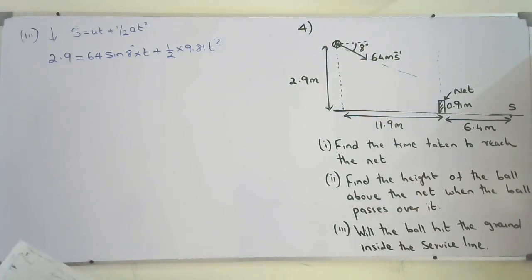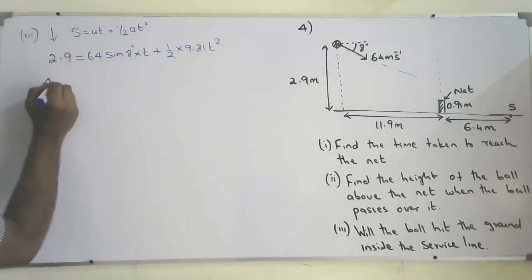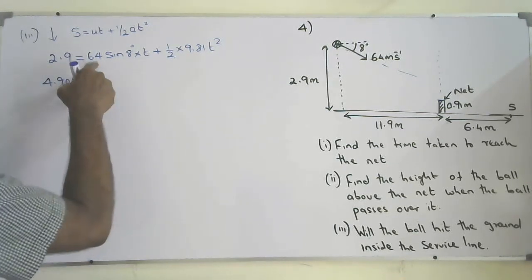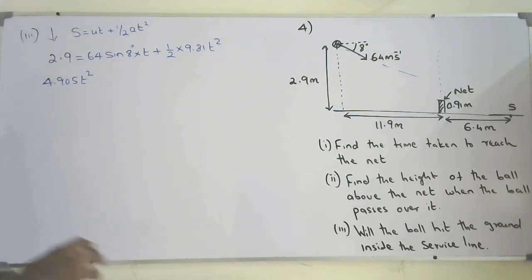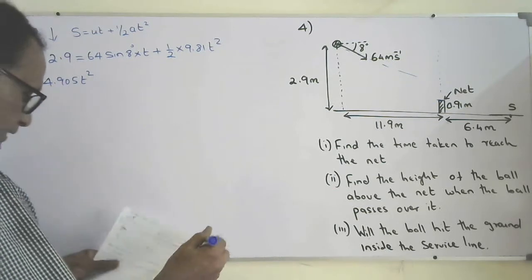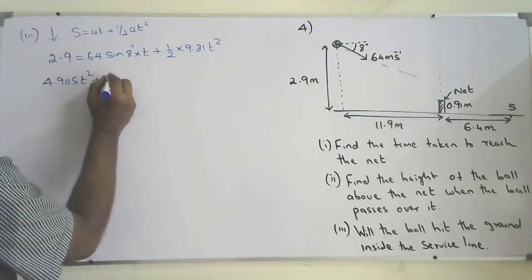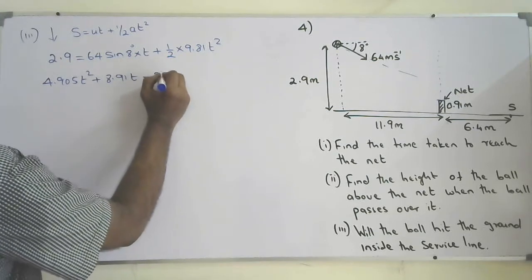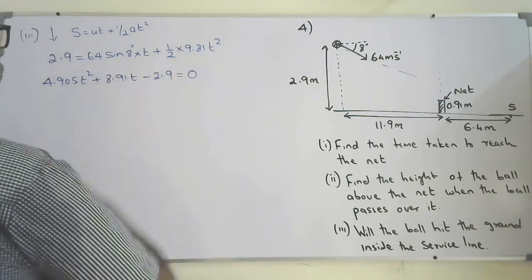So if you rearrange this equation, you will get 4.905 t squared. 64 sine 8, find it, that will be 8.91. So plus 8.91 t, bring it to the right, minus 2.9 equals 0.